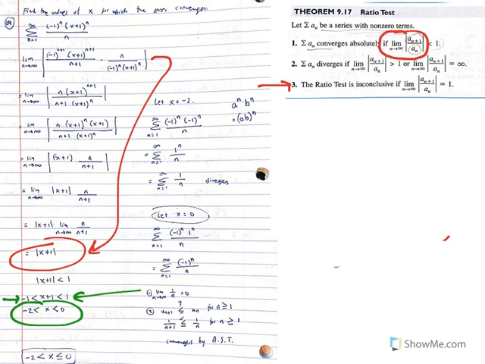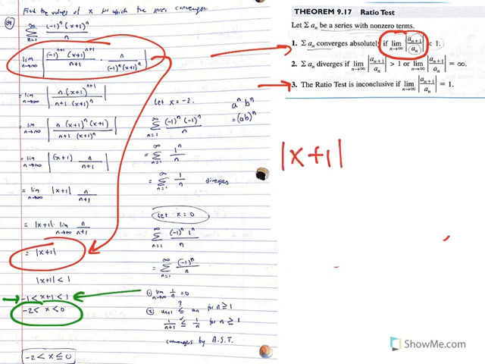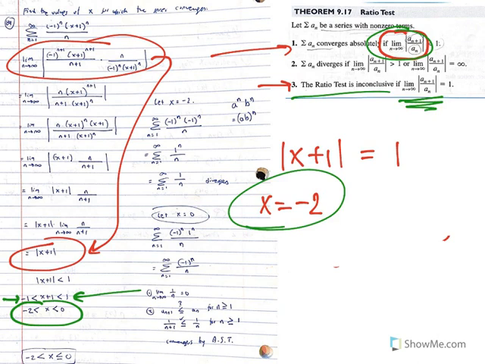And the values of x that would make that limit equal to 1 are x equal to -2 and x equal to 0. So you have the absolute value of x plus 1. If x is equal to -2, that would be equal to 1. So that limit would be equal to 1, and therefore the ratio test would be inconclusive if x is equal to -2. The same thing happens when x is equal to 0.